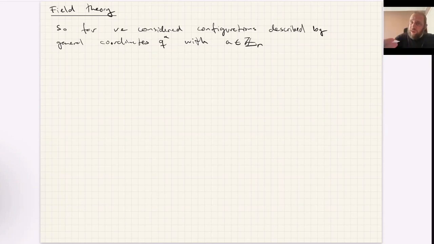I now use the uppercase index, but I could as well have put the index in parentheses to show that it's a function of the index. So I could just as well have written q^A equal to q, taking the index A as an argument, right?